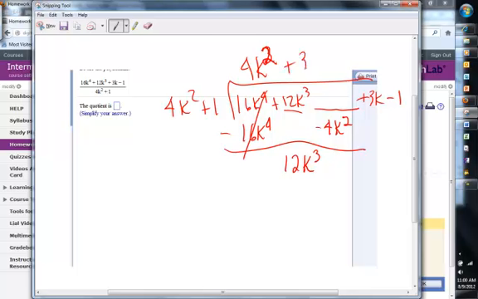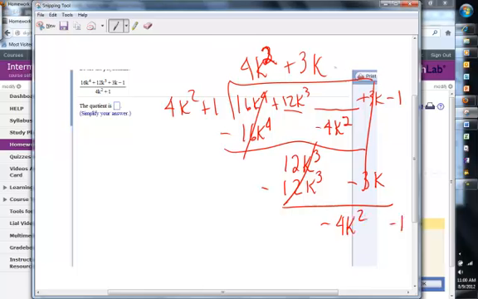So plus 3k. 3 times 4 is 12. k squared times k is k cubed. 3k times 1 is 3k. Subtract. These cancel. These cancel. And you're left with negative 4k squared minus 1. So minus 1, you get negative 4k squared minus 1.